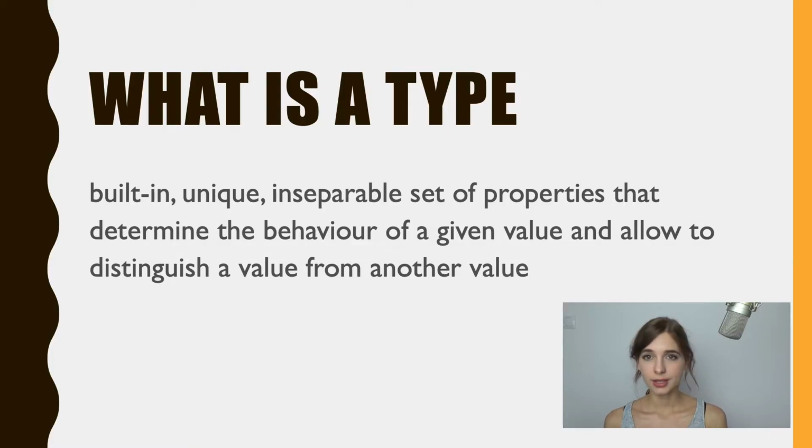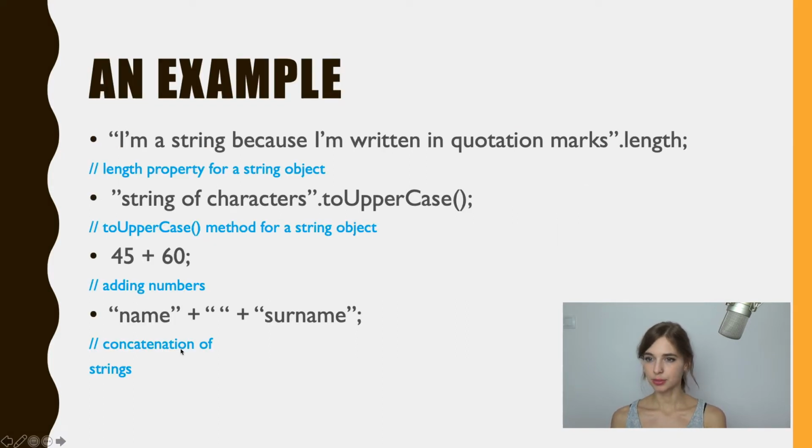Let's try picking up where we left off. The last time we talked a bit about type. A type has a bunch of characteristics that determine its behavior, or give us the properties or the methods that we could use on that specific type. For instance, if you have numbers, adding two numbers would give us a sum, and adding two strings would just concatenate them, as in that example here.